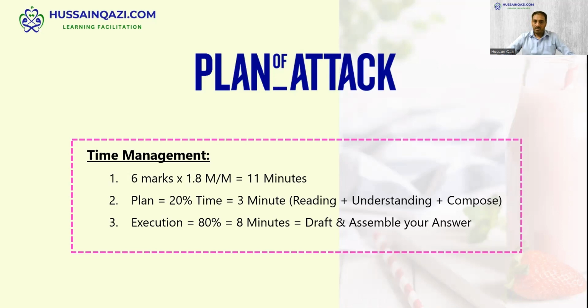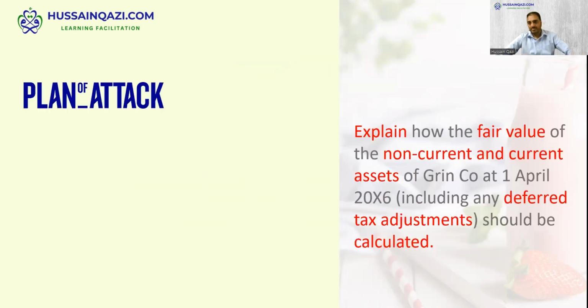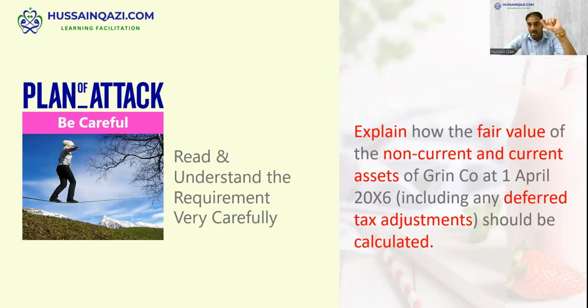Now, very important, ask yourself: have you read and understood the requirement according to the examiner's expectation? You must be very careful about this. The requirement is explain, not to show any calculation.